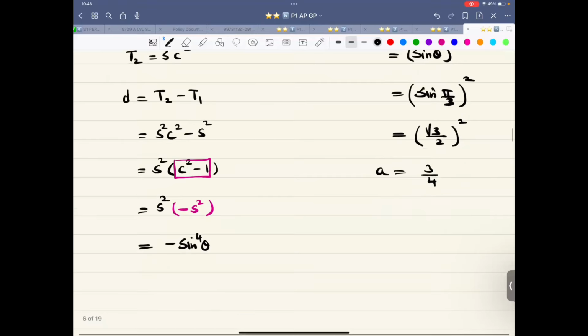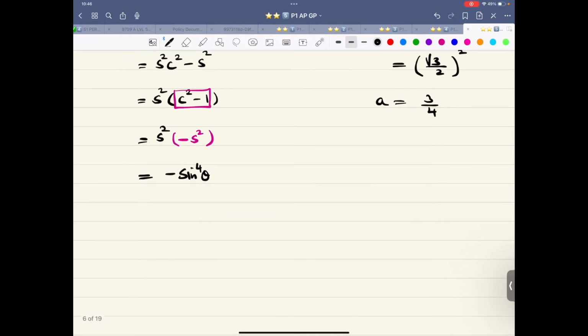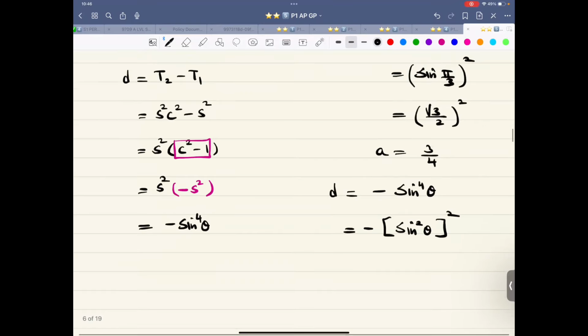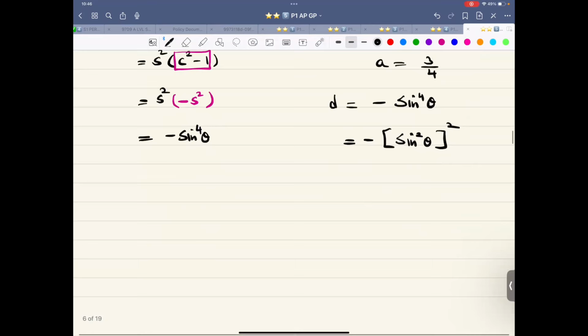The common difference is negative sine power 4 theta. Negative on the outside, sine square theta square. I can write it like this. Sine square theta is just over here.